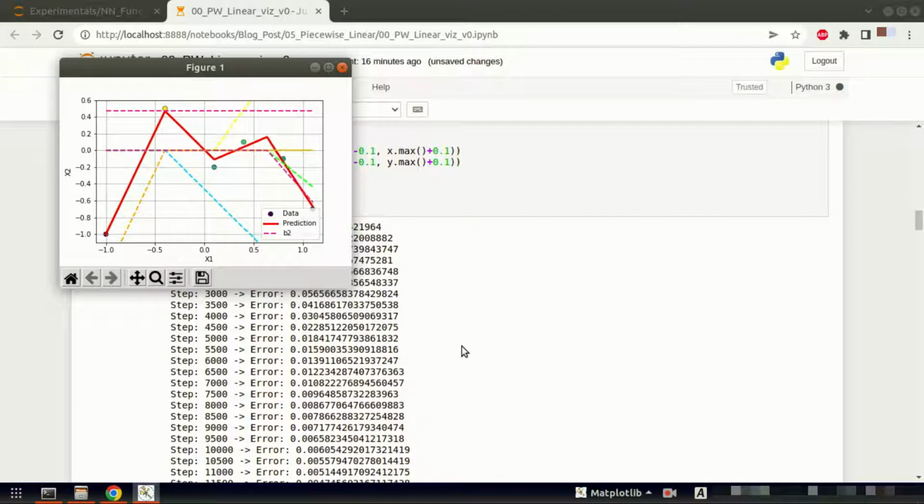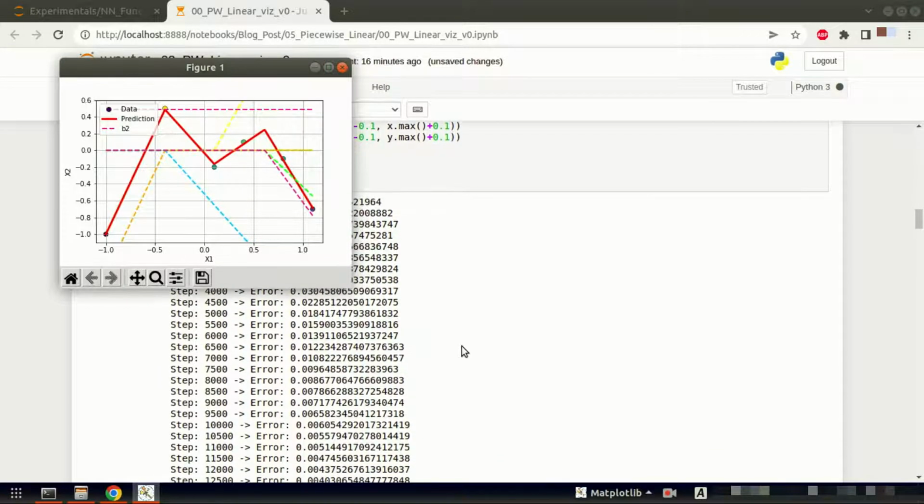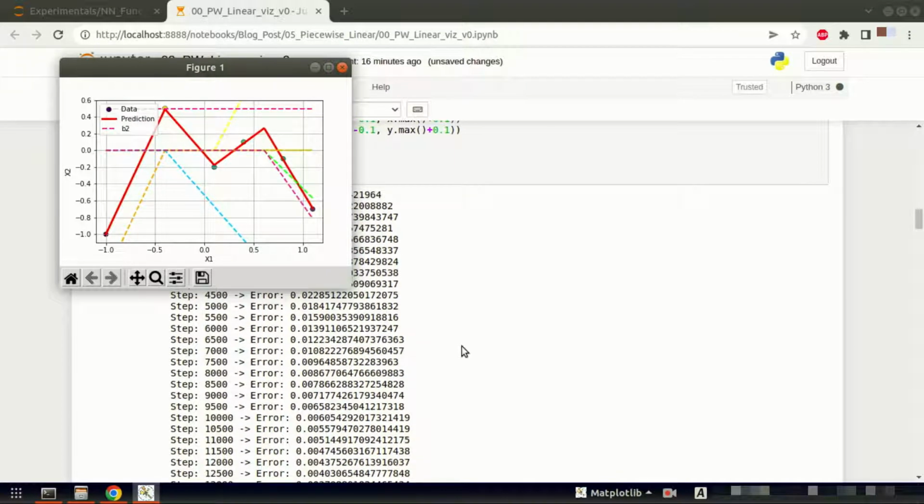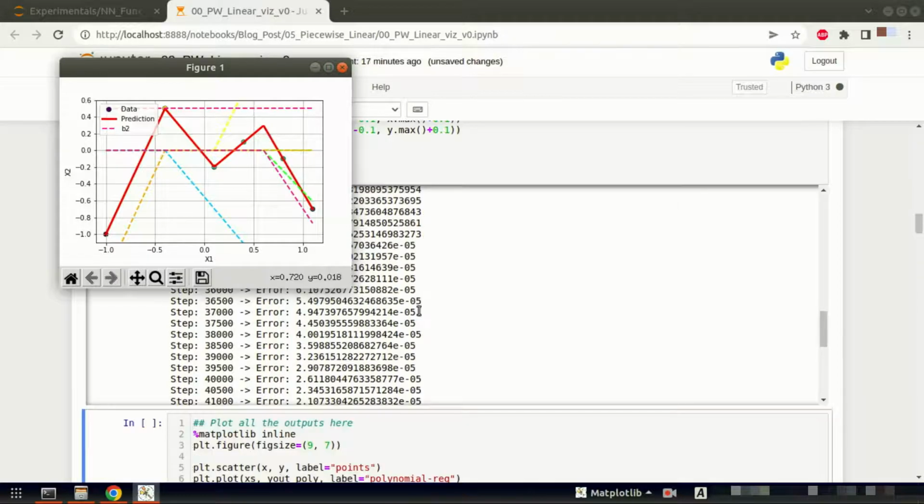So the neural network is fitting to these data points. Yes, we can see here the interpolation goes out of the data points, right? This can happen in neural networks.